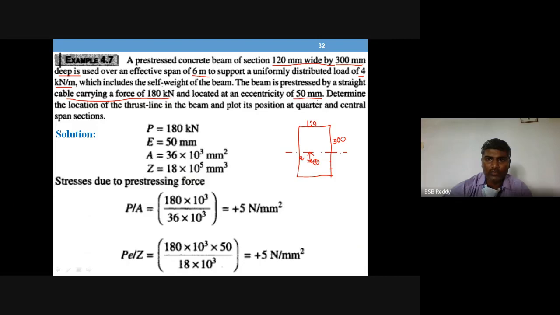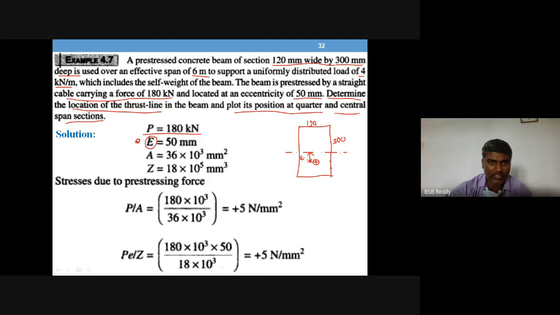But the question is to determine the location of the thrust line and plot its position at quarter and central span sections. Okay, right. So just taking the given data, the pre-stressing force is given as 180 kilonewton. This is a mistake even in the textbook, just correct it.